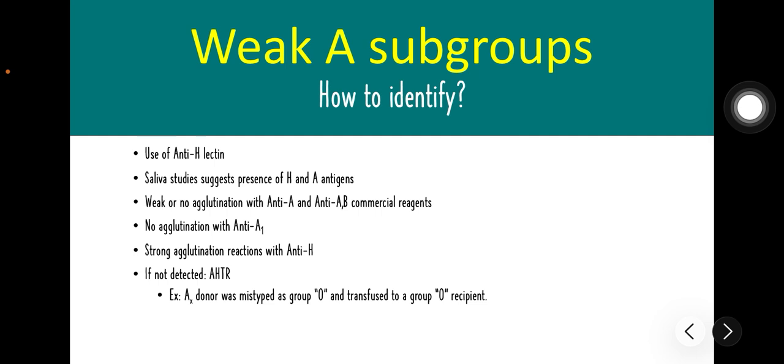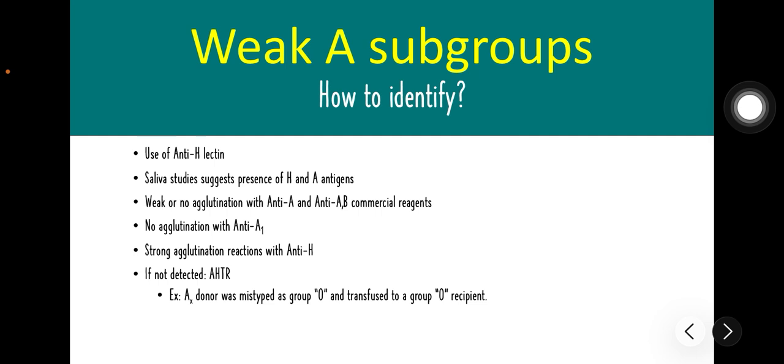For the weakest subgroups such as your A subscript L, A subscript M, or A subscript Y, that show no agglutination even with the combined or polyclonal anti-AB, we should use adsorption and elution. You incubate the RBCs with anti-A in order to allow any tiny amounts of antigen to catch the antibody.